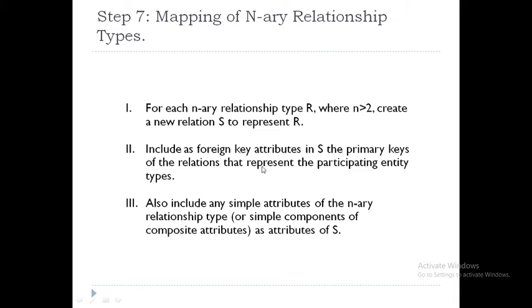And in this new relation, you include as the foreign keys all the primary keys of the participating entities. Okay, and if there is any simple attribute or the composite attributes, you have to include the simple components of those composite attributes as the attributes of the new relation.